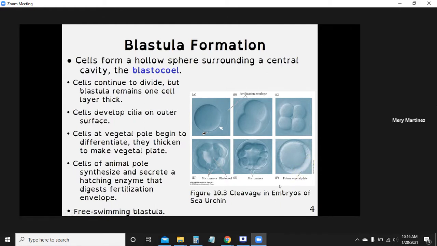Those cells start to thicken, and that becomes the vegetal plate, right where the micromeres were. The cells found at the animal pole start synthesizing and secreting a hatching enzyme that will break through the fertilization envelope, and the embryo is now a free-swimming hatched blastula because it has cilia.